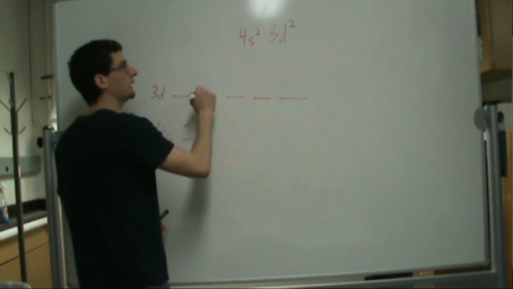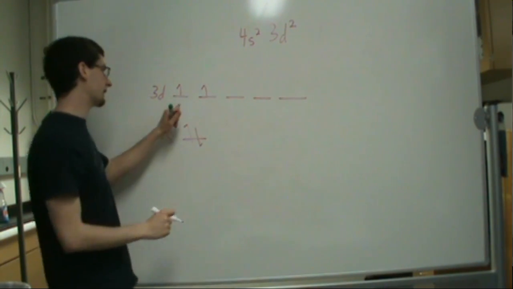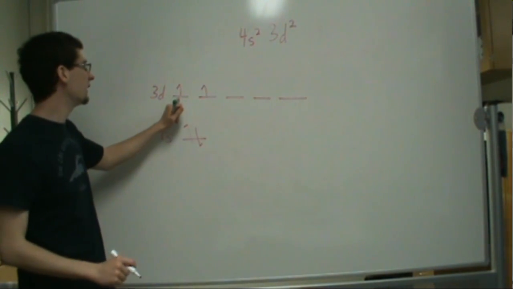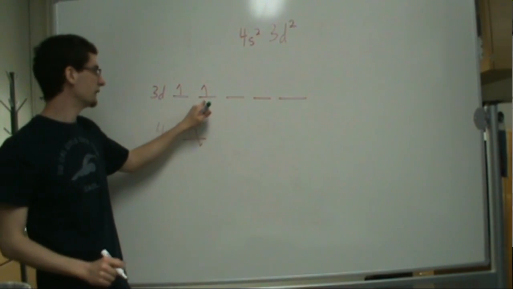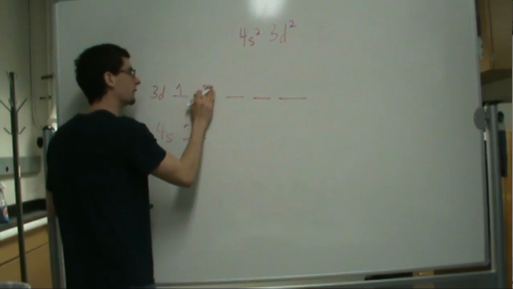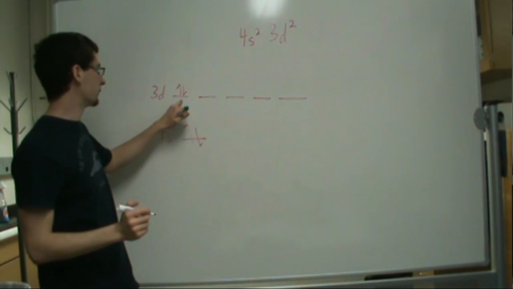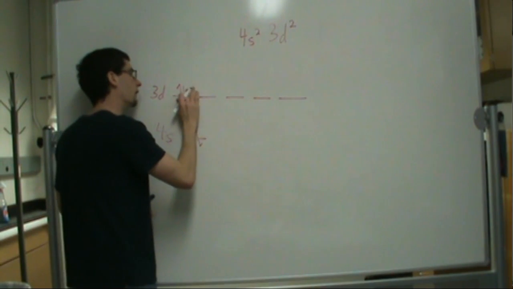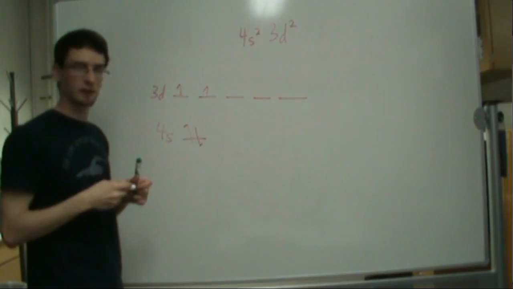So let's just fill in our electrons for the d, and notice, keeping the Pauli exclusion principle and Hund's rule in mind, that the first 2 electrons get occupied in this fashion. You don't do something along the lines of this. This follows the Pauli principle, but not Hund's rule. So we have to do something along the lines of this.